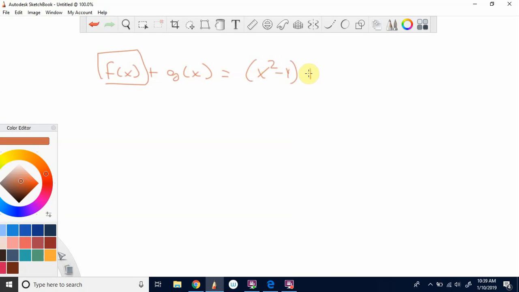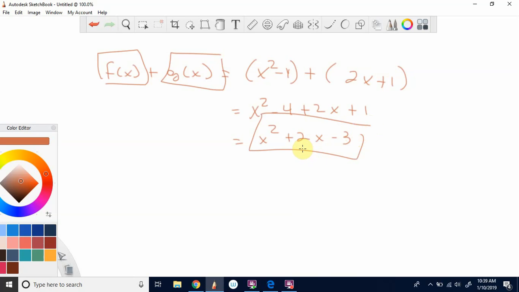I'm going to leave it in parentheses. And then we're adding g(x), and g(x) is 2x plus 1. So now we just simplify, knowing order of operations. Because it's a plus, it doesn't affect anything inside the parentheses. And now we just have to remember to combine like terms.